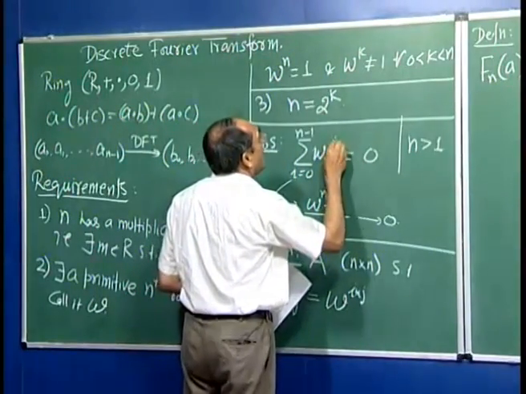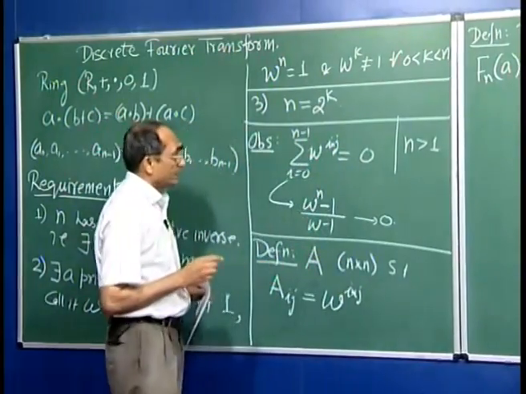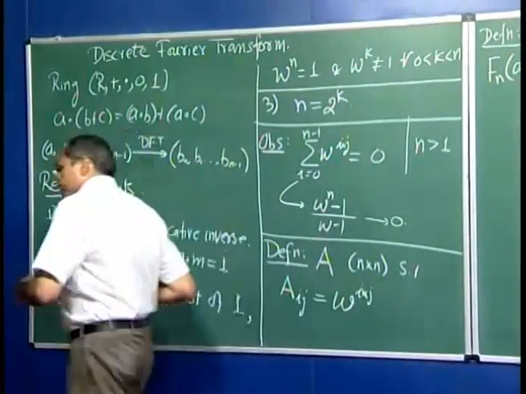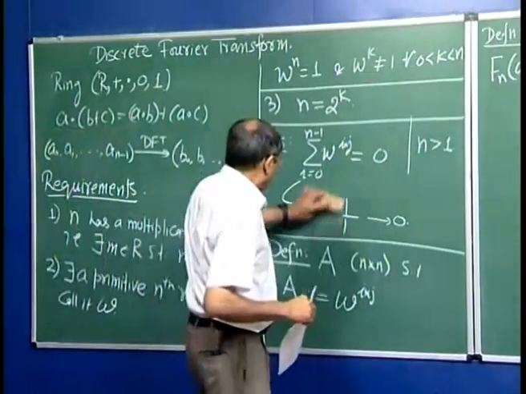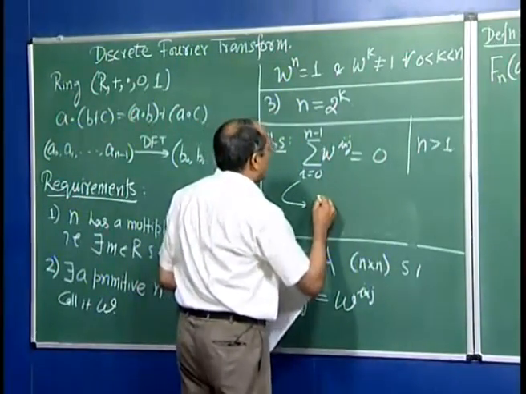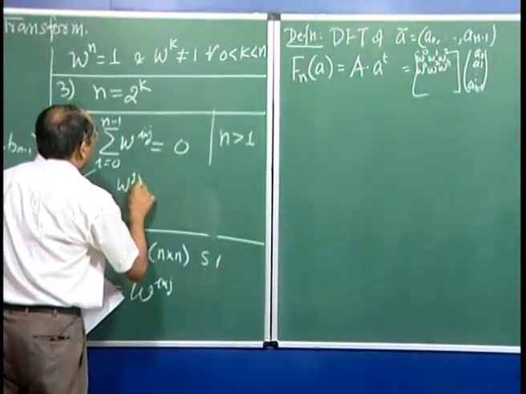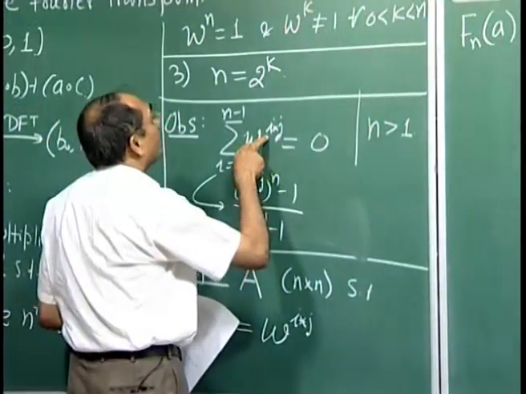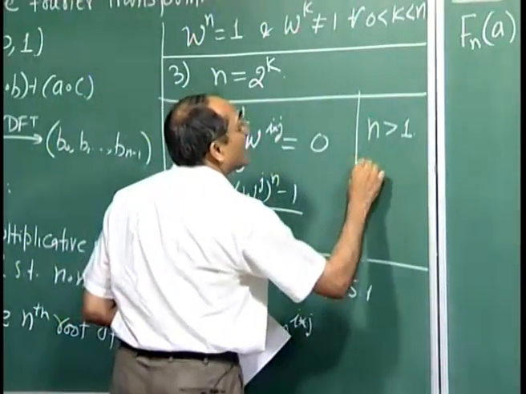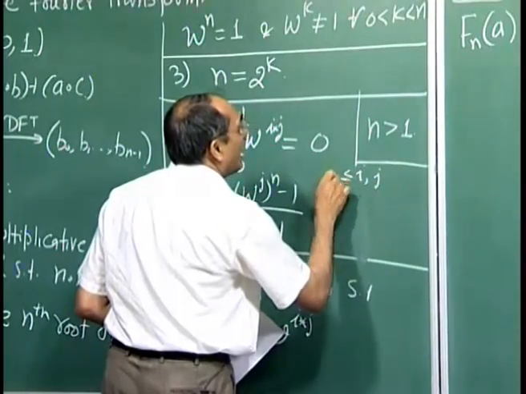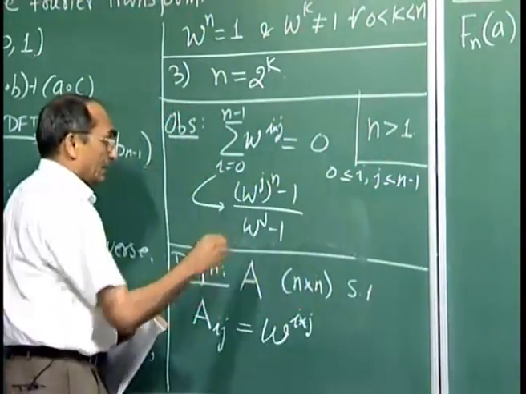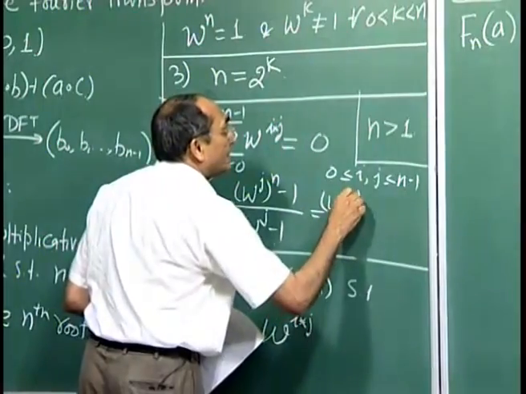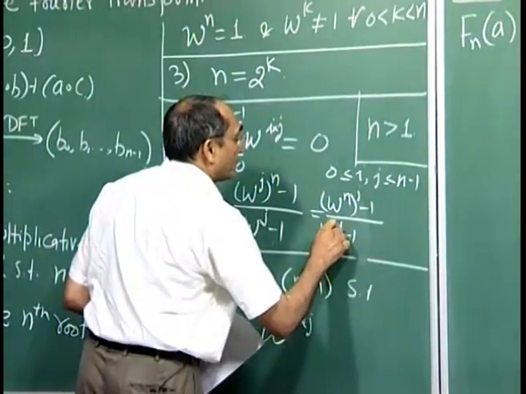So, I will say the sum of w power i times j will be the same as (w power j, power n, minus 1) by (w power j minus 1), and of course note that i and j are between 0 and n minus 1, hence this is (w power n) power j minus 1 over w power j minus 1.